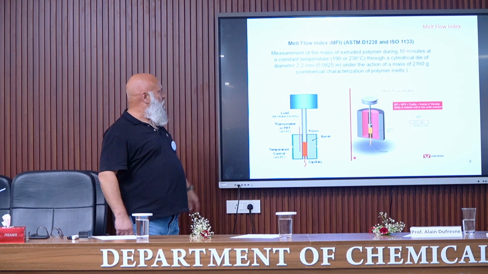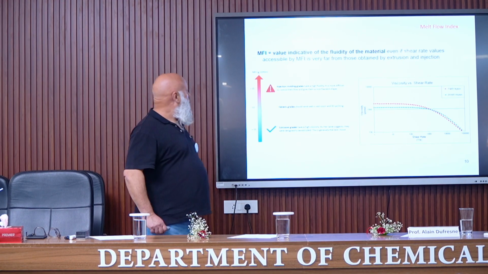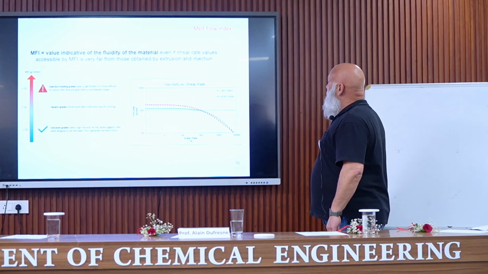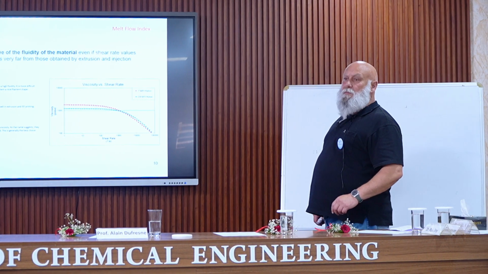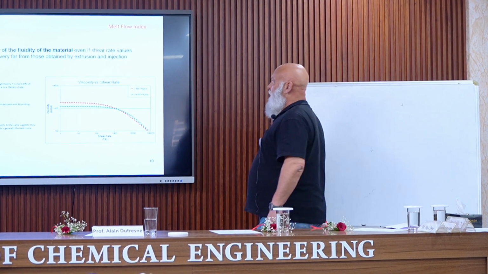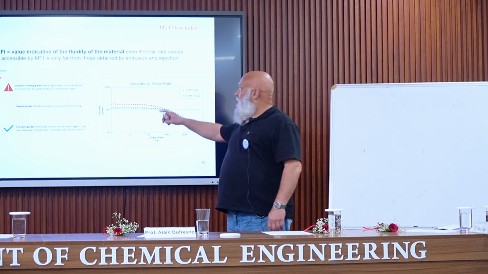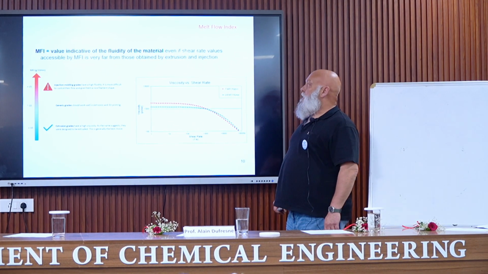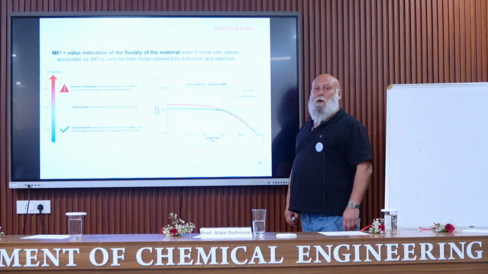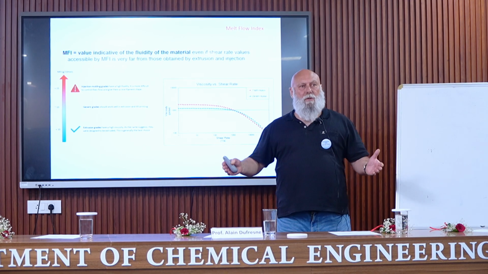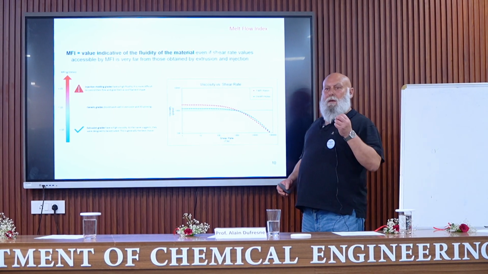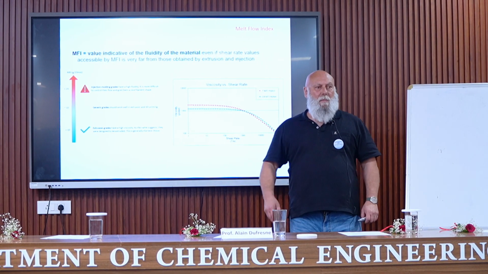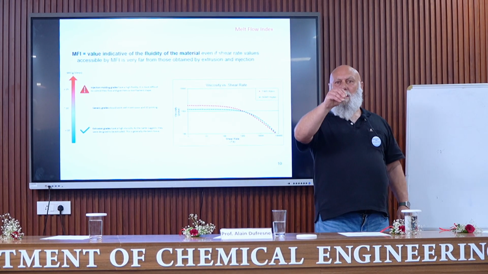So this value is indicative of the fluidity of the material, even if shear rate values which are accessible by this technique are very far from what is obtained during processing, for example, extrusion or injection. But it's just an indication. And depending on the value of this melt flow index, the polymer is intended for different processing techniques. Injection molding, extrusion, and so on.